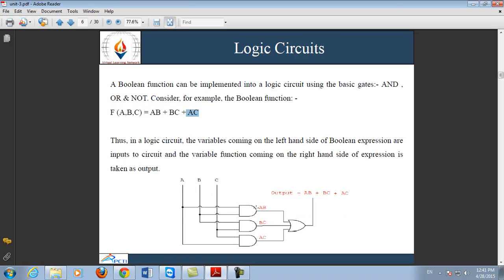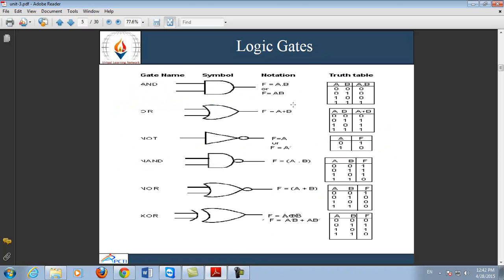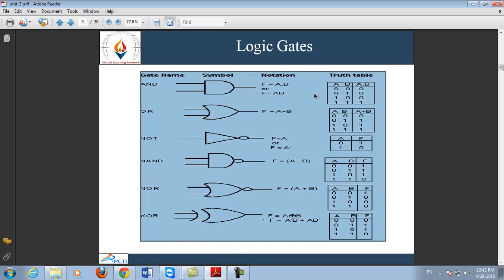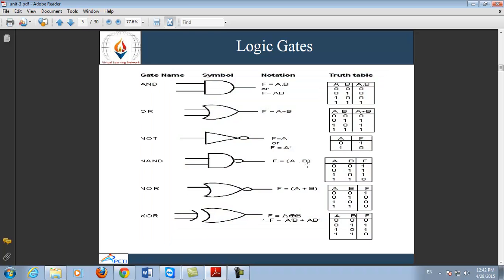For example, the combination of A and B is sent to the first AND gate. Similarly, B and C is sent to the second AND gate, and A and C is sent to the third AND gate. And the output of all the three AND gates is combined by using plus. Plus means OR gate, जैसे कि हमने previous session में देखा, for plus OR gate is used and for multiplication AND gate is used.